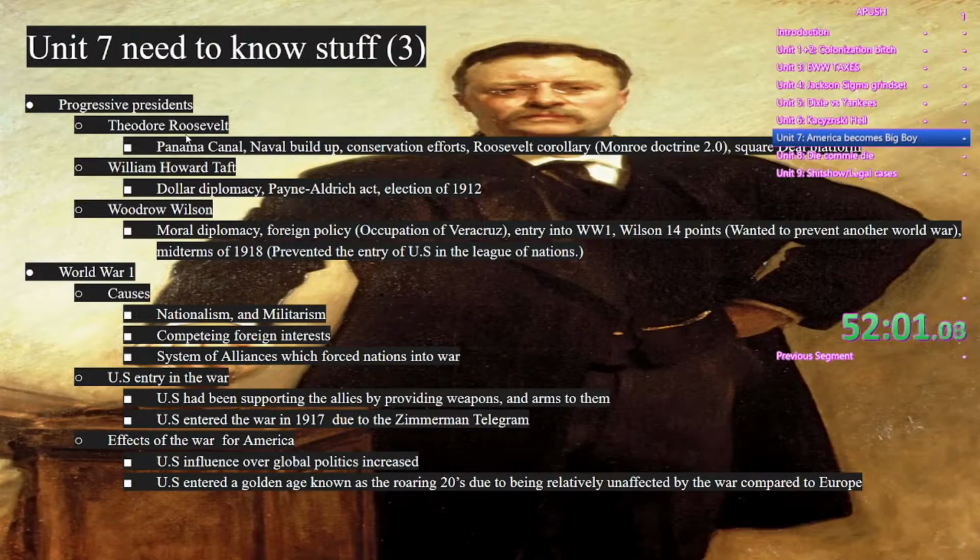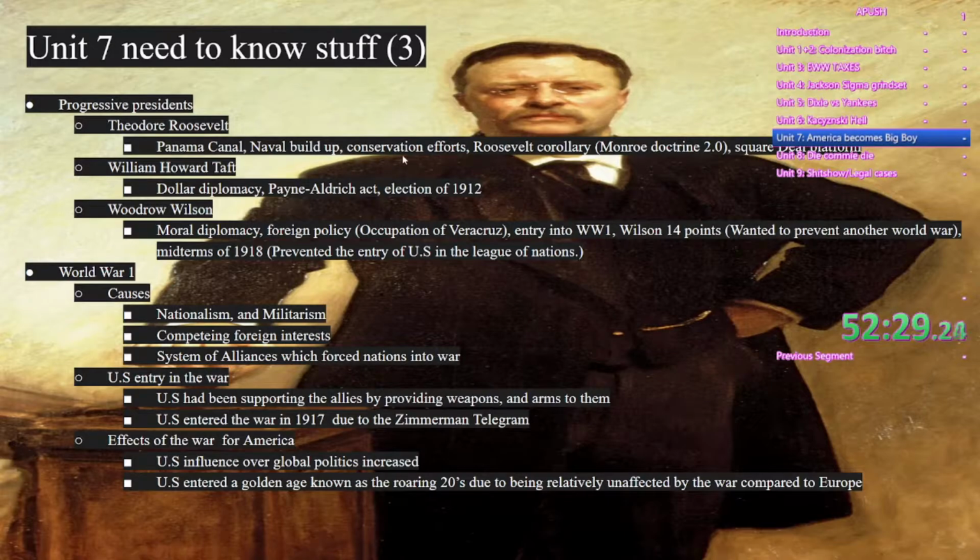For the progressive presidents, you have Roosevelt, William Howard Taft, and Woodrow Wilson. For Roosevelt, you should know pretty much the Panama Canal, and Roosevelt's more interventionist foreign policy, Roosevelt's buildup of the Navy, sort of the whole idea of speak softly and carry a big stick.